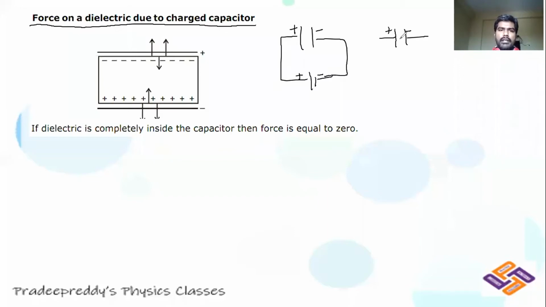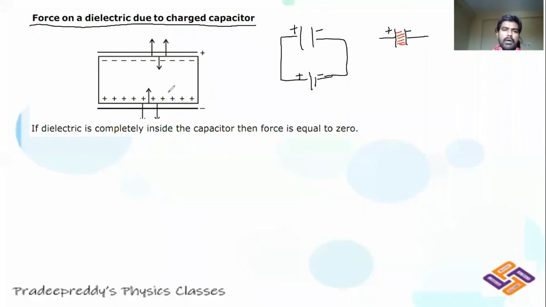One becomes positive and the other negative. Now this charged capacitor is filled with a dielectric medium. So you are filling the slab completely. The entire space between the two plates is filled with the dielectric slab.